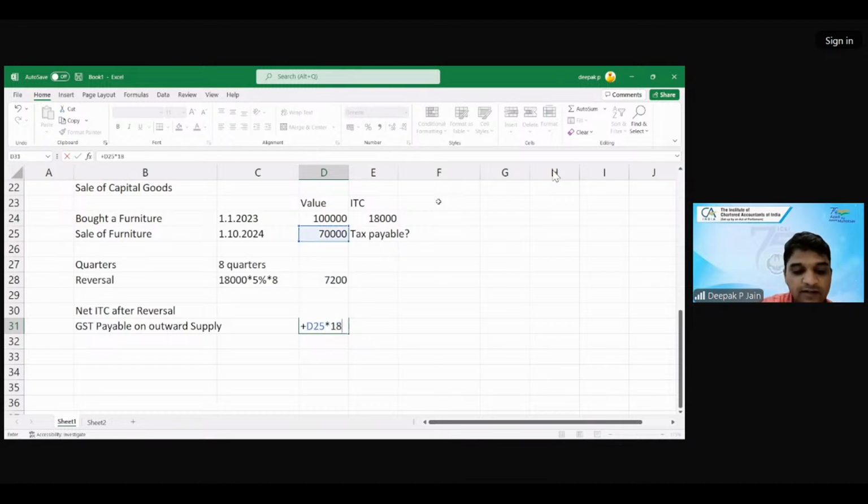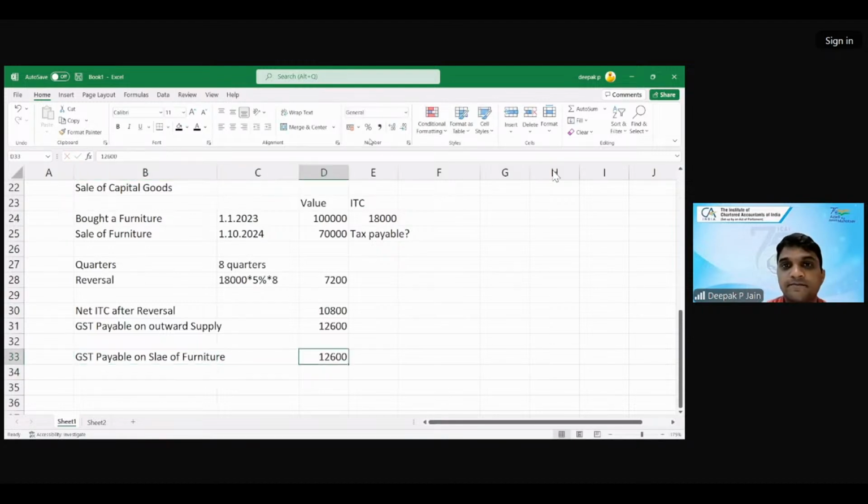So when you sell also, it's 18%, whichever is higher. So the GST payable on sale of furniture is 12,600. Okay. So what is the GST payable? Whichever is higher. Clear with this?